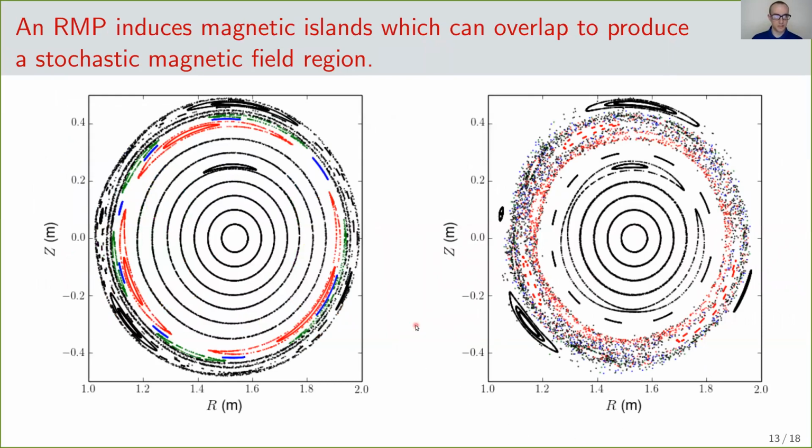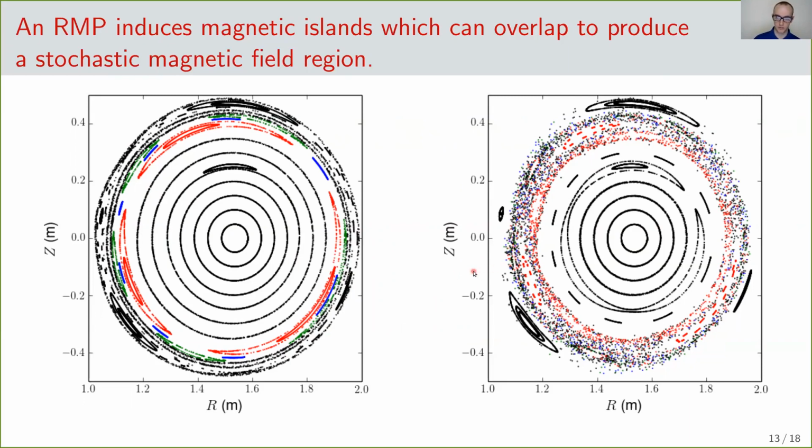It's well understood that these resonant magnetic perturbations can induce islands, and that when magnetic islands grow sufficiently large and can overlap, they will produce a stochastic magnetic field region. This has connections, going back to the connection to Hamiltonian dynamics.